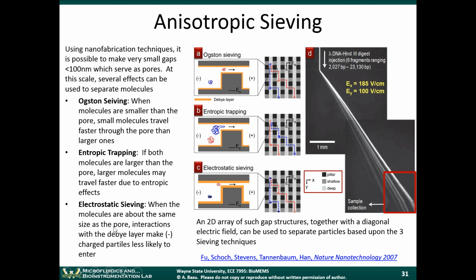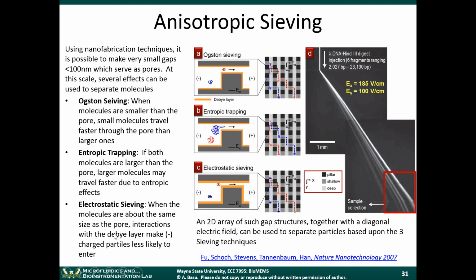And then the final mechanism that they talk about is when the molecules are about the same size as the pore, the interactions with the Debye layer make the charged particles less likely to enter. Remember, the Debye layer in the solution is positively charged, but the wall is negatively charged.